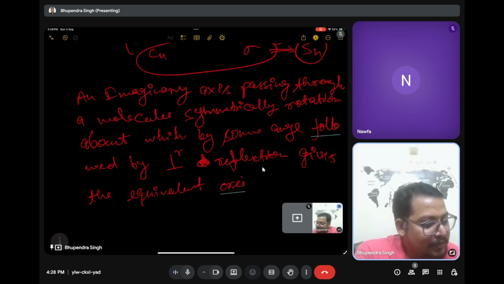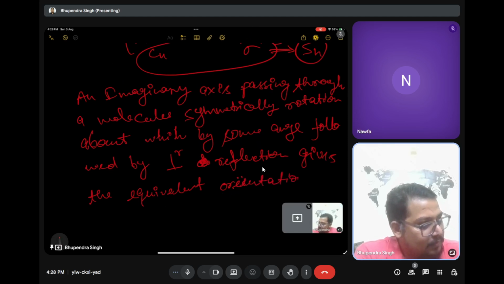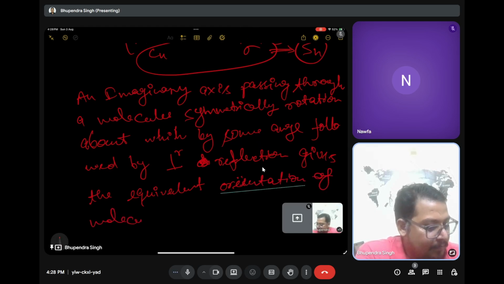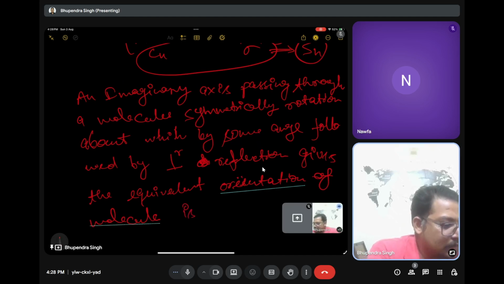I suppose to say this is the correct word actually, orientation of the molecule, is called Sn.